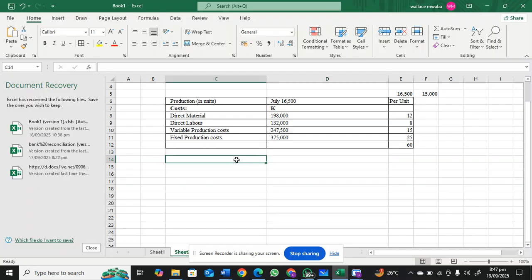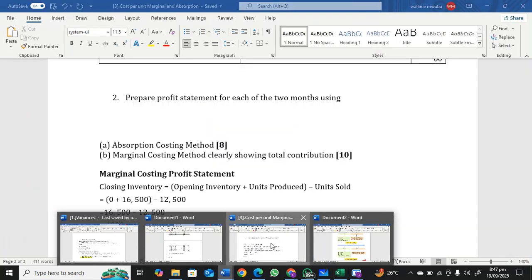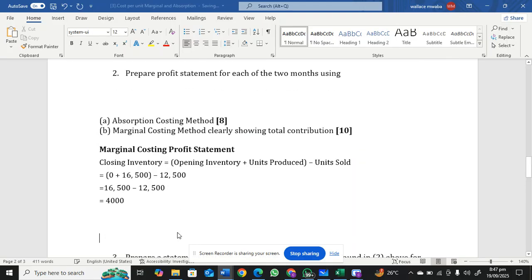Okay, so let's start to get the information that we need. First things first, in your profit statement you need to calculate your sales revenue. So we look at how many units we sold. We sold 12,500.